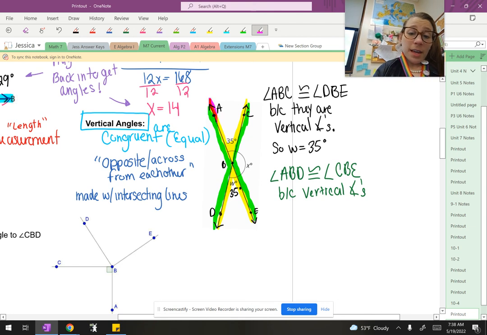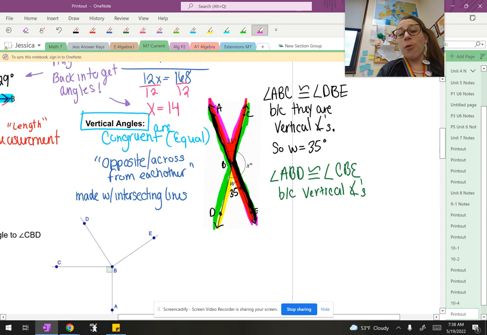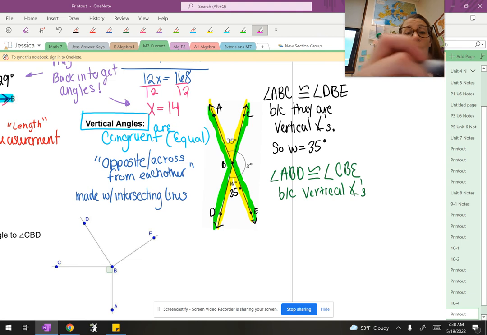What do angle ABC and CBE form? I know my diagram's getting really messy here, but I just want to emphasize this. Notice that straight line or that straight angle that's going on there.